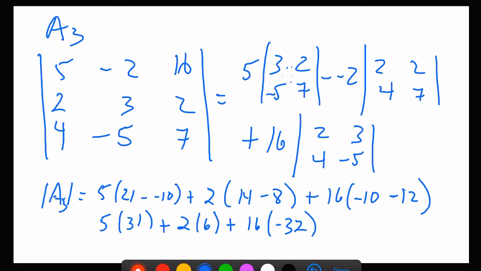All right? So 5 times 31 is 155. 16 times 32 equals a negative 512. So that's 512 negative 32, 155 is 325. And I screwed that up somewhere too. Yes? 21 and 10. Yeah, that's a plus. 5 minus 2.